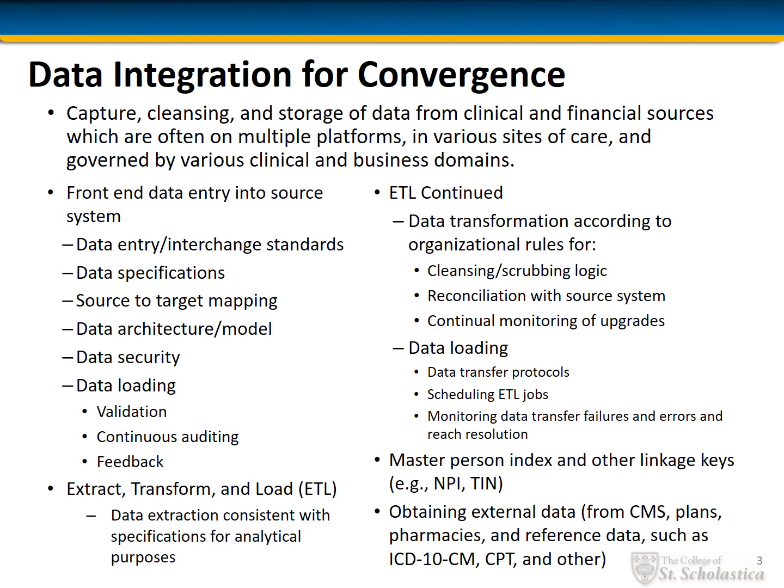Data specifications in terms of the nature of the data being entered into the source system should be documented in a data dictionary, which itself is a database requiring continual maintenance and which should be used consistently across all applicable IT platforms.